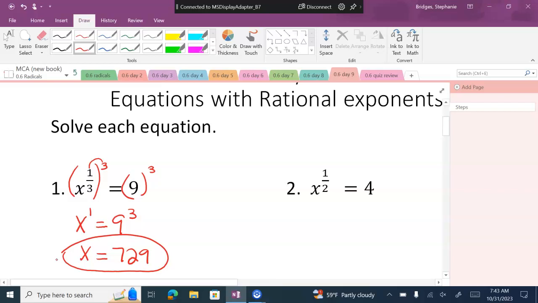Then you want to simplify and solve. And then just do your check, even if you do the check in the calculator.